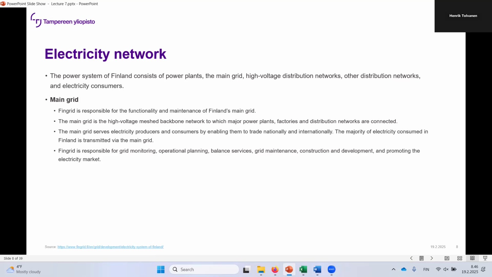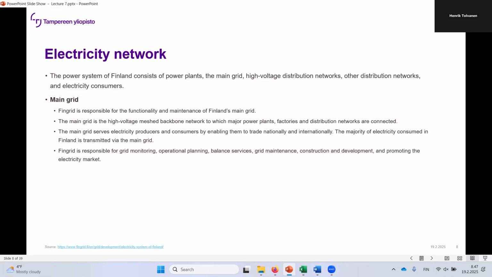And they have a lot of neat videos of this maintenance work, which in Finland is a lot of cutting trees. There are a lot of lines going through heavy forest areas, and there's a lot of snowfall on the lines, so they have to make sure those are kept intact.